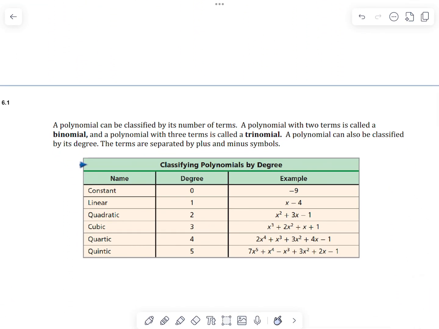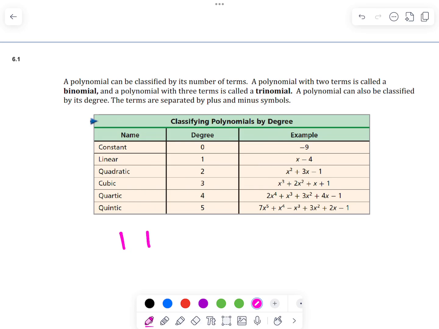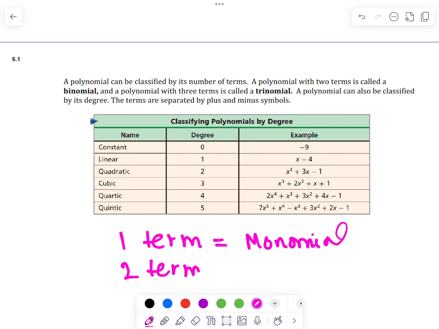A polynomial can be classified by the number of terms. A polynomial with 2 terms is called a binomial. So let's go backwards here. One term equals a monomial. Two terms is a binomial.